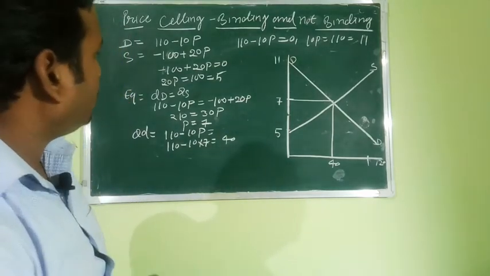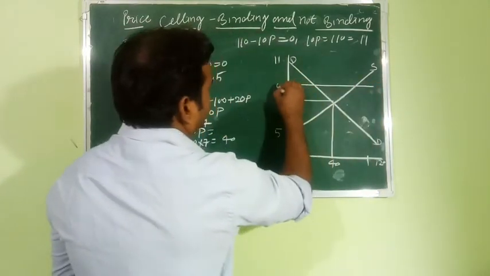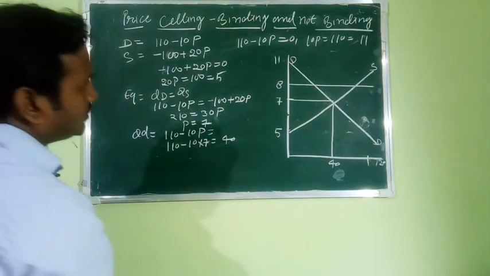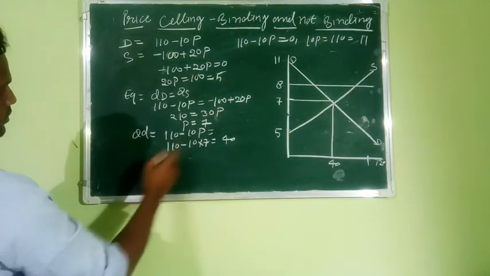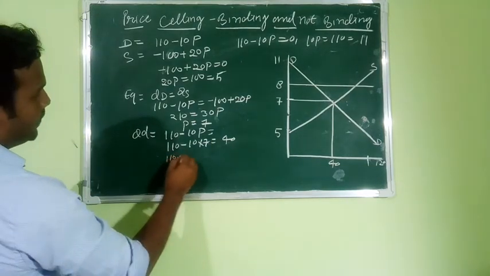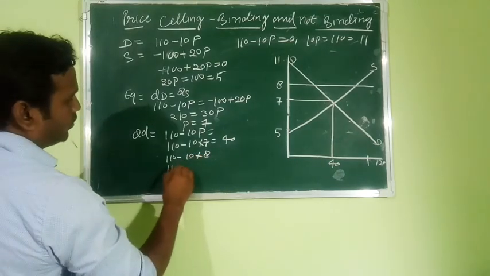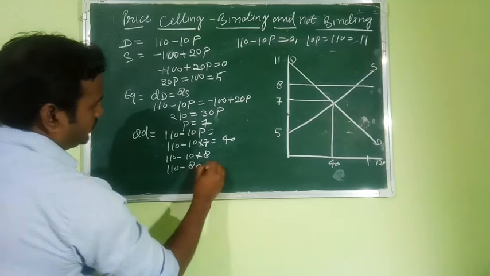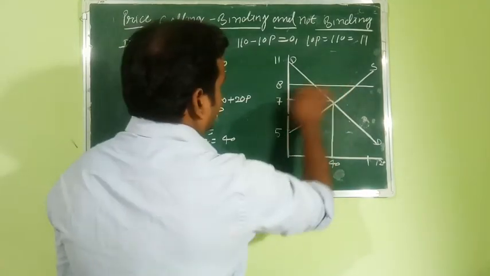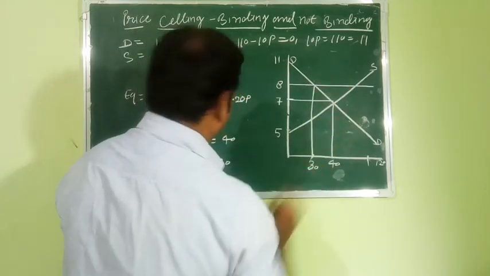Suppose the government fixes the price ceiling at 8 rupees. Then 110 minus 10 into 8, it means 110 minus 80, is equal to 30 quantity demanded.